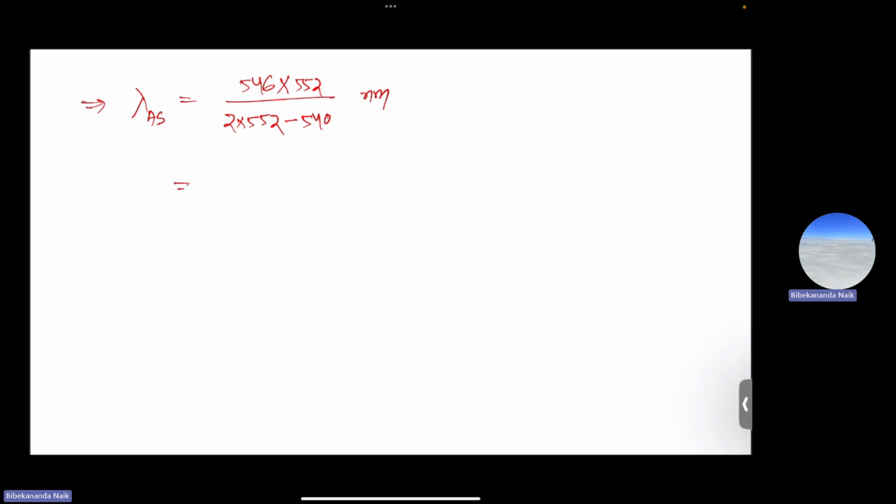So if you calculate, 546 into 552 is 301392, divided by 2 into 552, 1104, minus 546, it is 301392 divided by 558.